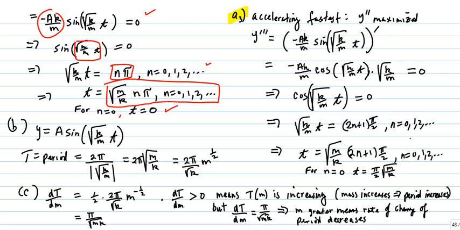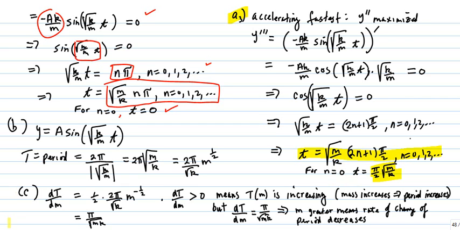So you take y triple prime, which is the derivative of the second derivative, and work that out, set that equal to 0, and that solves out here. Again, they just want one moment when it is. So if n equals 0, then t equals pi over 2 square root of m over k is one of the values, one time when the object is accelerating the fastest.